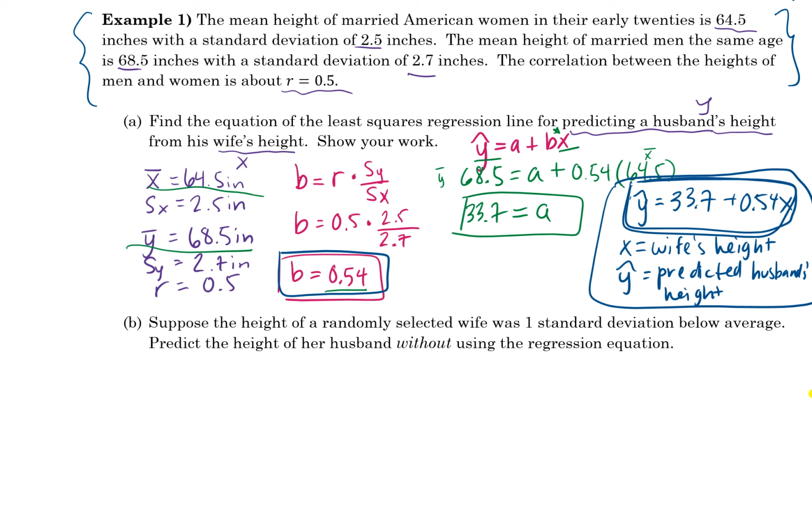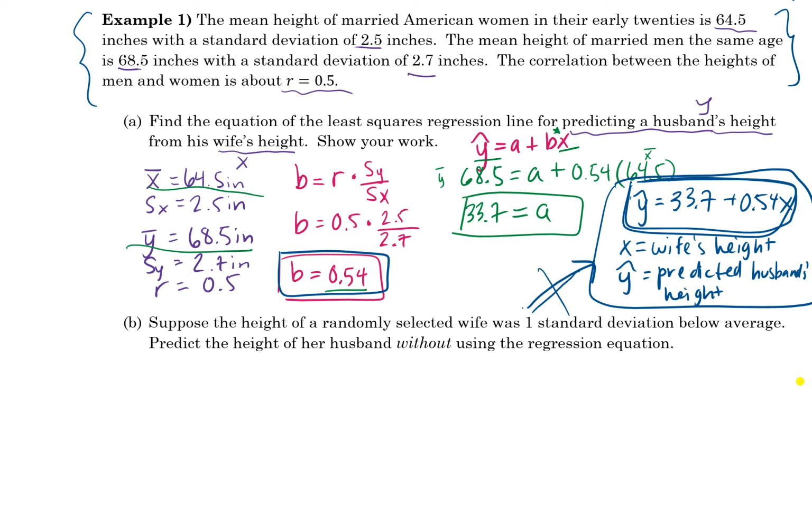Okay, so here's the deal. You're not allowed to use this equation. Whoopsie. Yeah, that's like a heart rate thing. EKG. ECG, I think. Anyway, so you're not allowed to use this equation. No go.